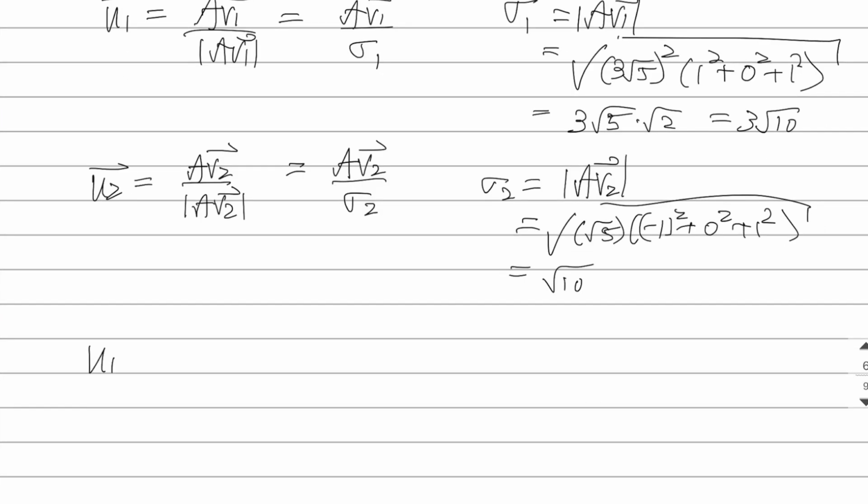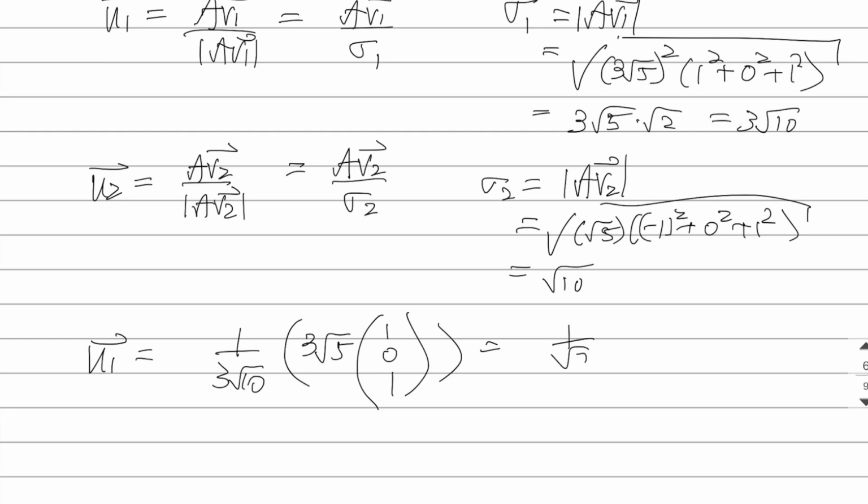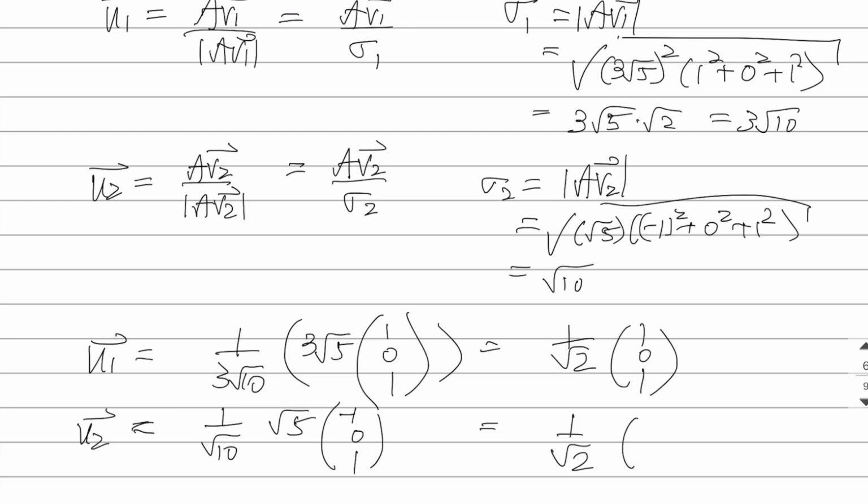So U1 was 1 over 3 root 10 times 3 root 5 into this vector 1, 0, 1, which is going to end up giving us 1 over root 2, 1, 0, 1. U2 is 1 over root 10 times the vector root 5, negative 1, 0, 1, which is going to be, once again, 1 over root 2, negative 1, 0, and 1.